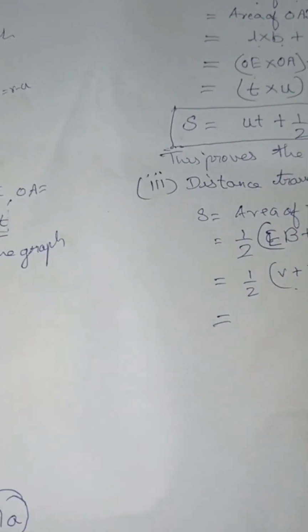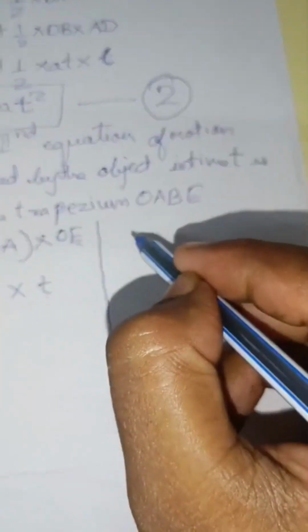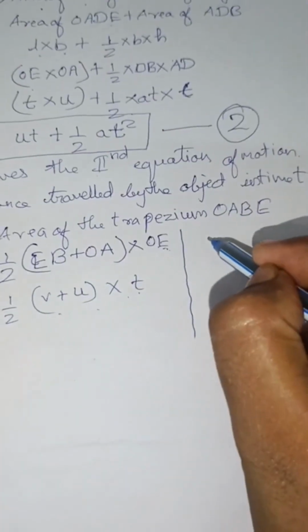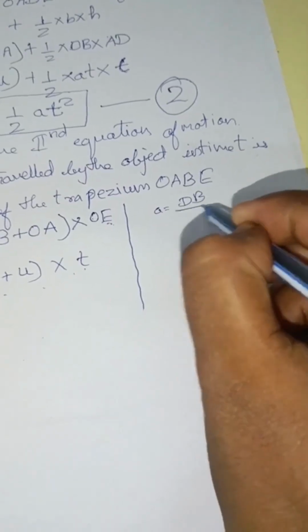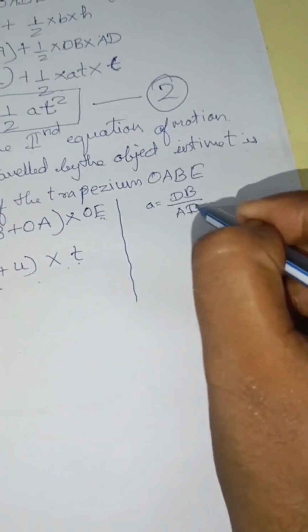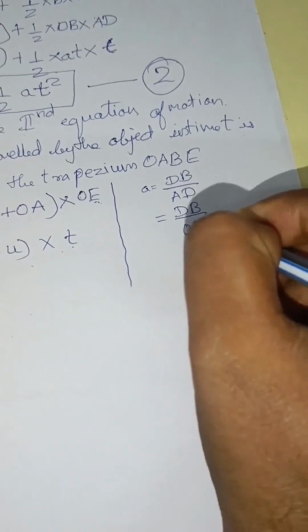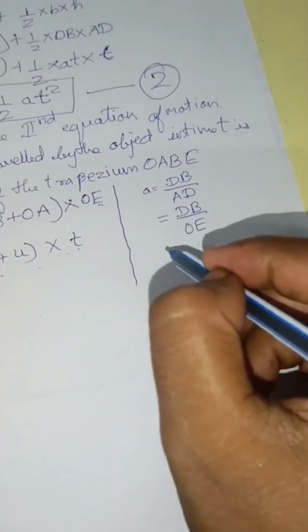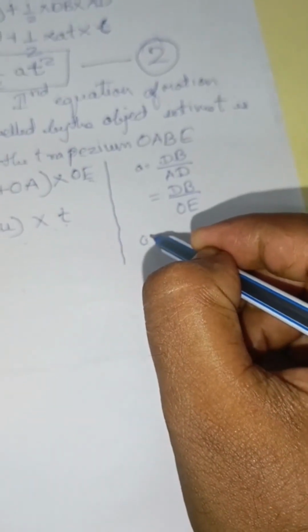Now I can also write OE, and I'll give you a small clue there. We know the equation of motion, that is, A is equal to DB divided by OE.